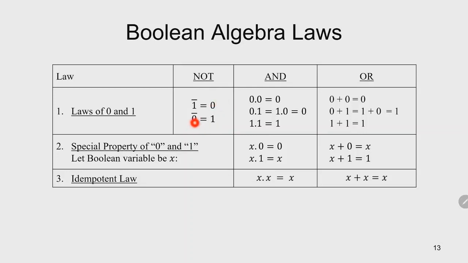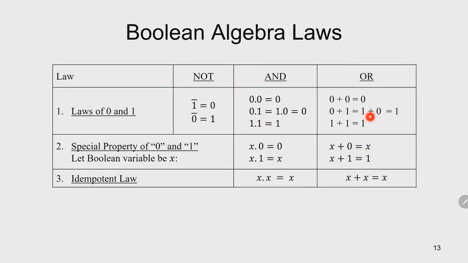NOT 0, 0 with a bar, will be 1. And we can think of this as multiplication. 0 times 0 gives us 0. 0 times 1 or 1 times 0 gives us 0. And then 1 times 1 gives us 1.